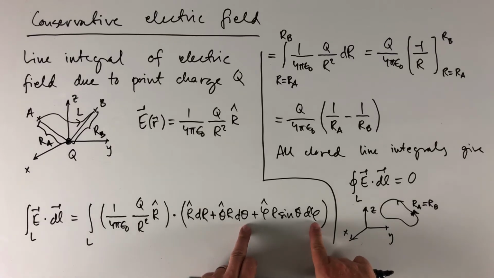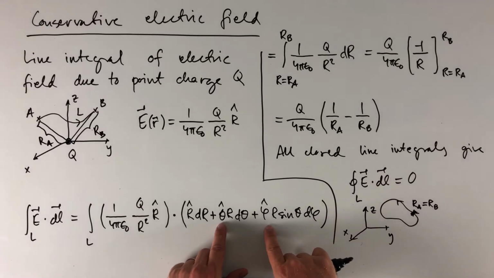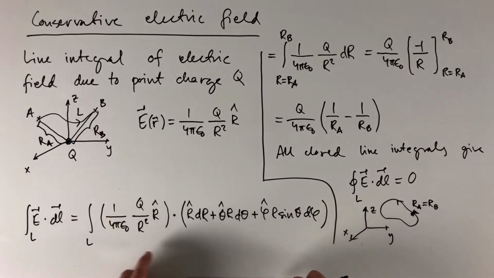The theta and the phi are non-zero moving on that spherical surface, but it doesn't matter as a contribution to this line integral.